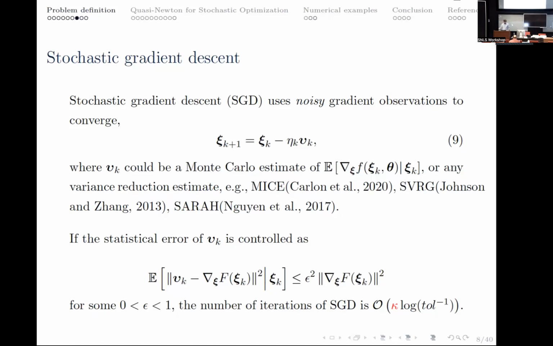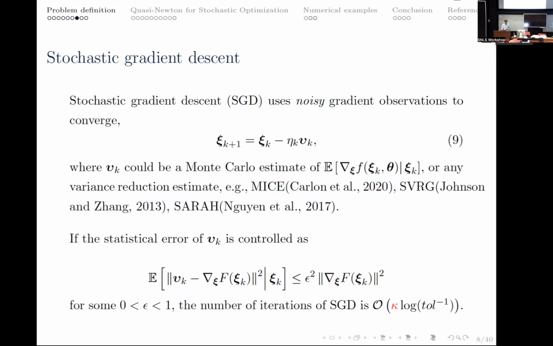In any case, given that we have some control on the statistical error, all of these methods guarantee that you have this condition satisfied. Then you should recover the order of convergence of the deterministic gradient descent method, and then you have recovered this linear dependency on kappa. So again, we have the same situation as in deterministic optimization.